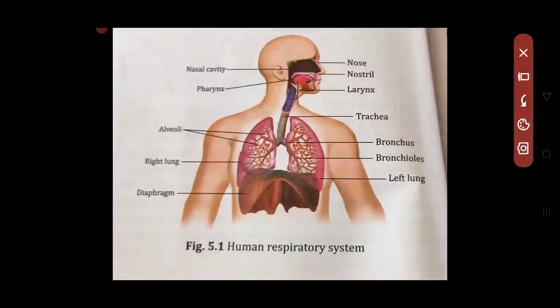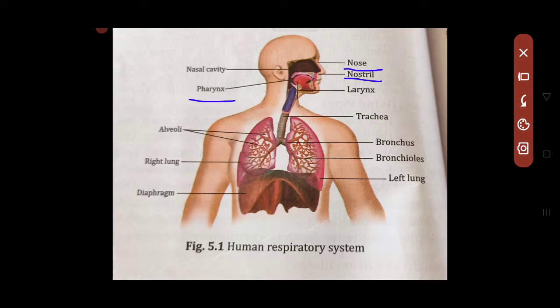Okay, now let us have an overview of the different organs of the respiratory system as we have discussed earlier. So you have the nose, through which the air gets in, nostrils, then you have the pharynx, the common chamber for both food pipe and windpipe. Then you have the larynx, also referred to as the voice box, which helps in producing sound.